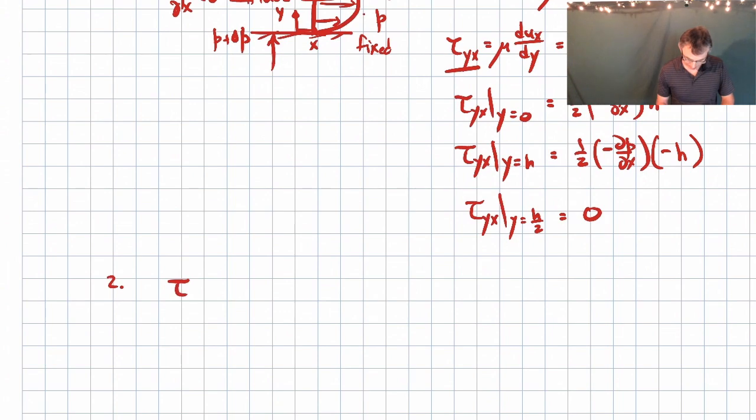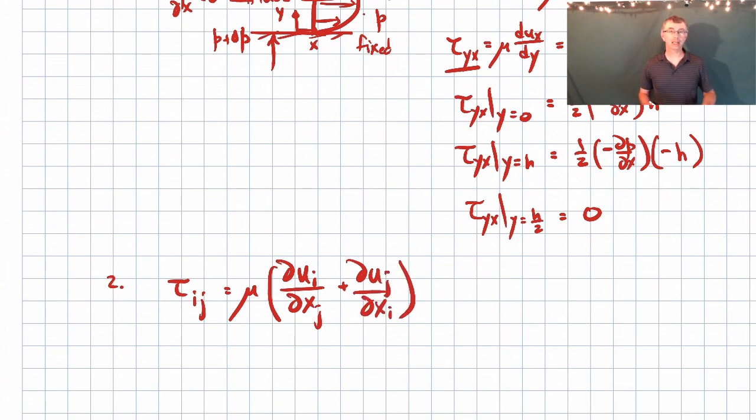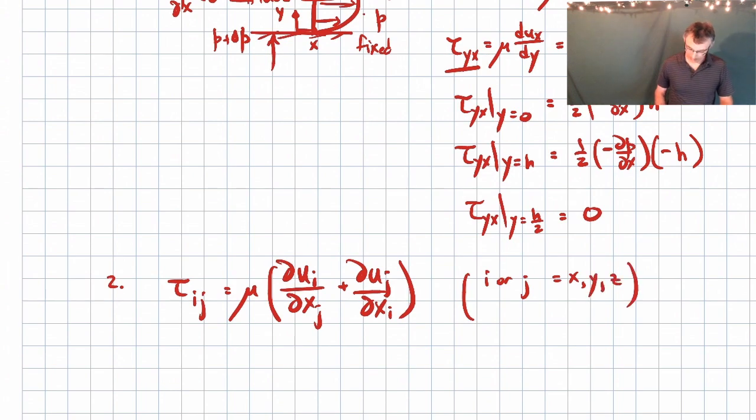I'll write it as tau ij is equal to mu times dui dxj plus duj dxi, where the i and j could just be x, y, and z. I or j could be x, y, or z.